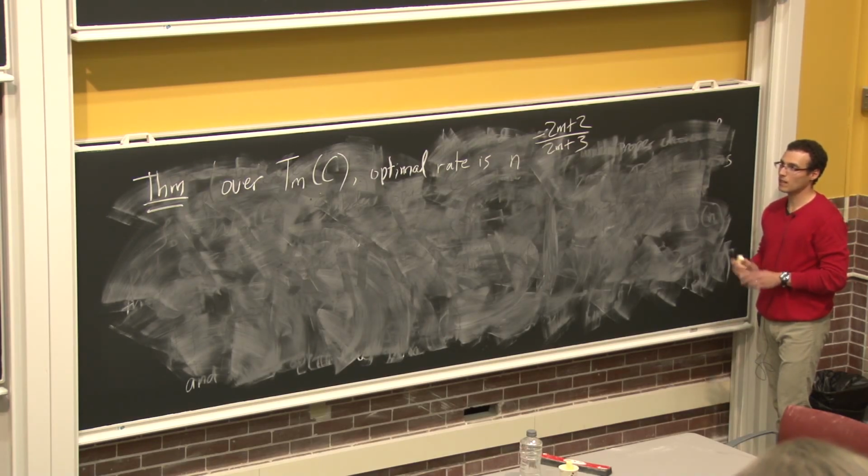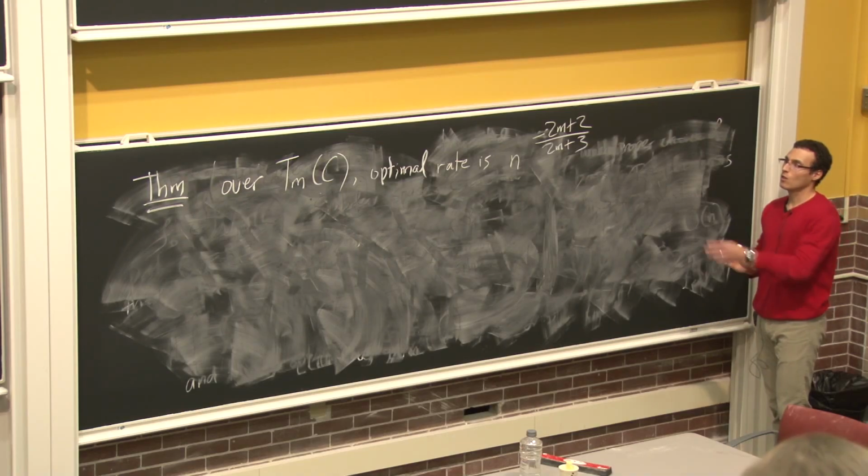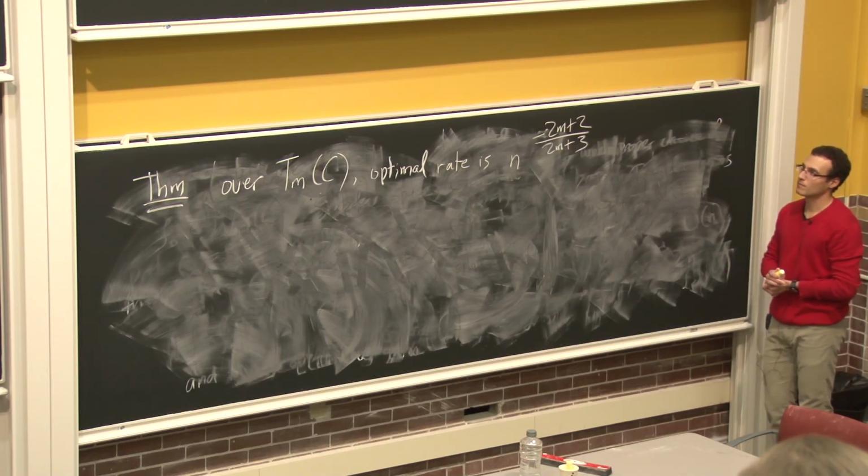Okay, so that's the optimal rate of estimation over this total variation ball.